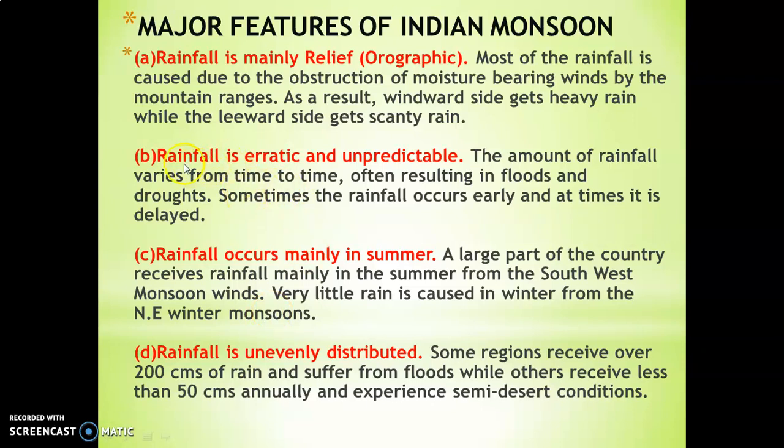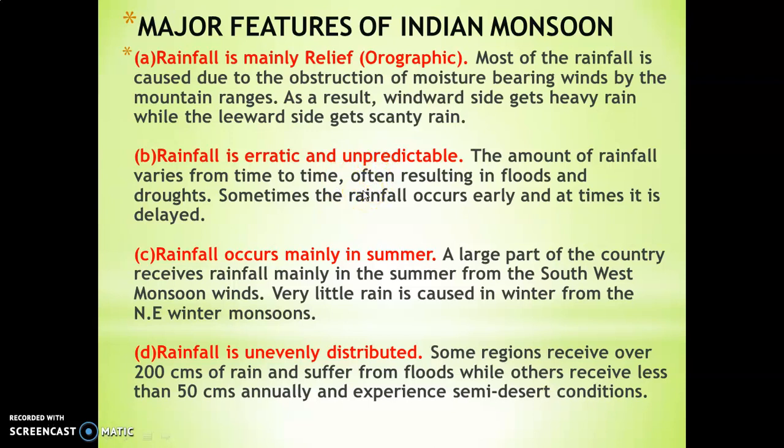Next important feature is that rainfall during the rainy season is erratic and unpredictable. If we compare data from different years, sometimes India receives more rainfall, but in other years India receives less rainfall.